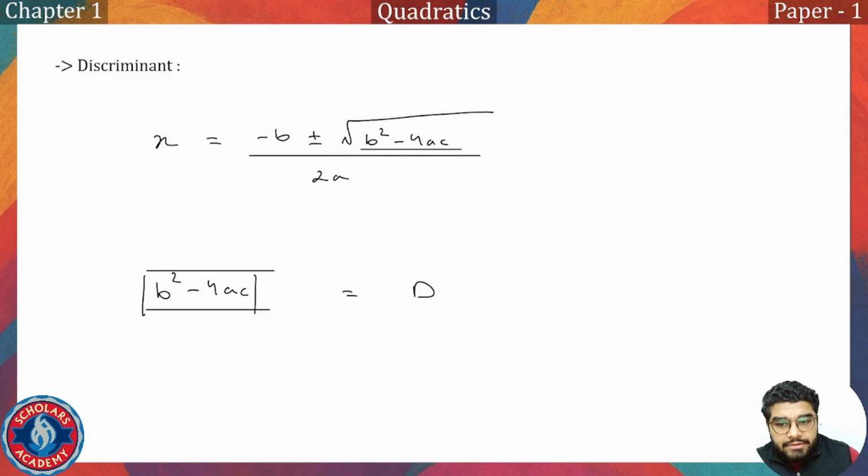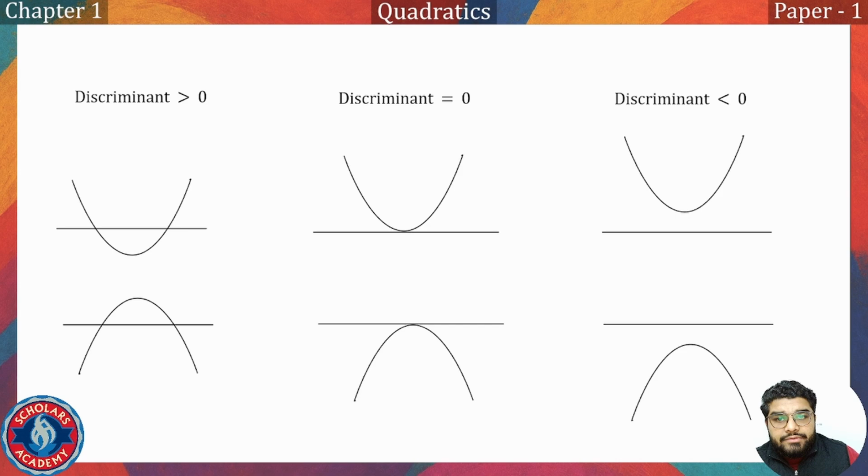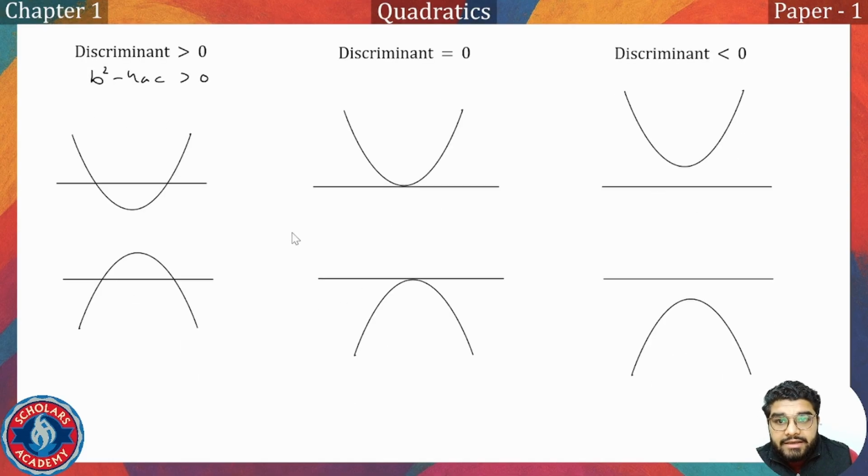Let's move forward. So here we have when our discriminant is greater than 0, b square minus 4ac is greater than 0. So x is equal to negative b plus root of d divided by 2a, or x is equal to negative b minus root of d divided by 2a, and d is a positive number.